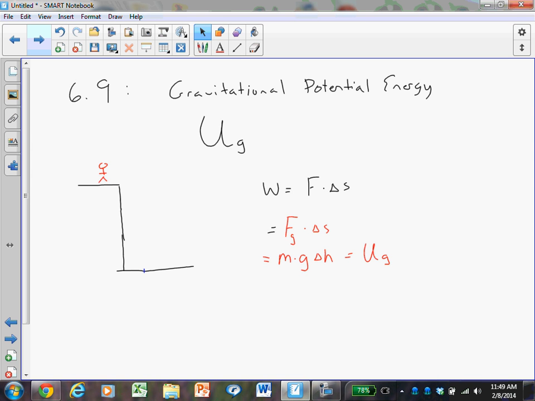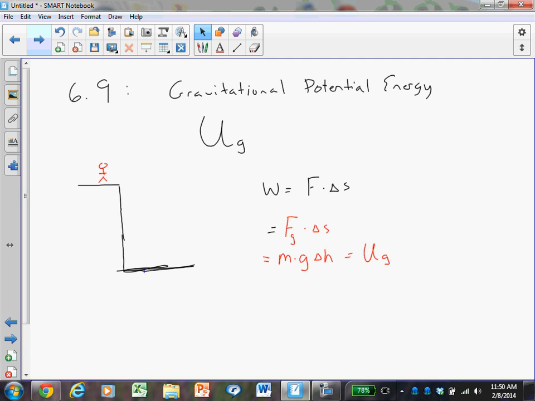The location of the zero potential energy, in this case the ground level right here, is arbitrary. It could have been the top of the blue level as well. It depends how you're defining it for the problem you're doing.